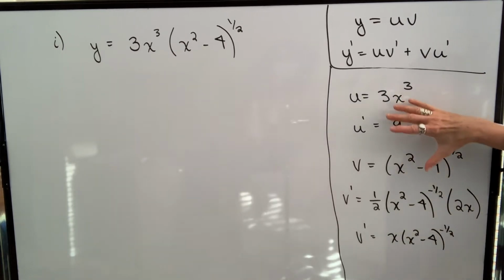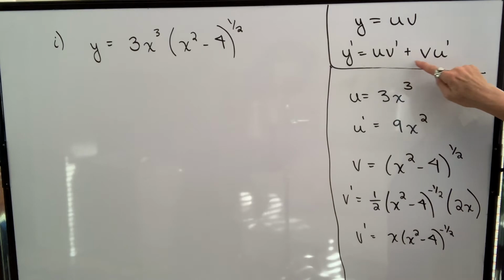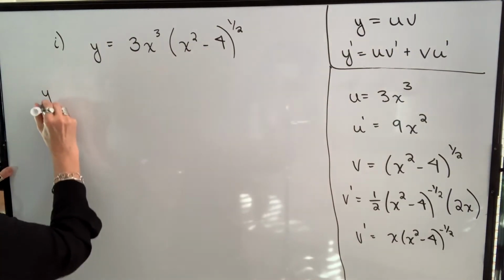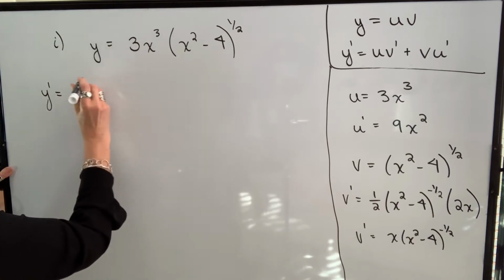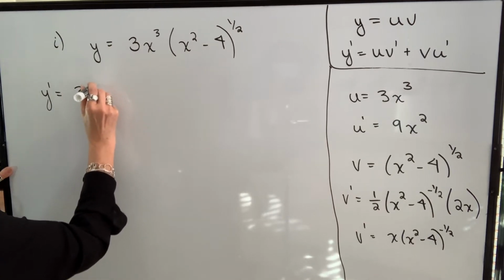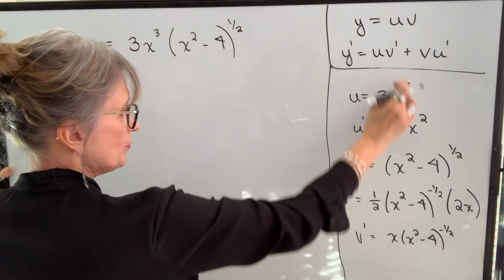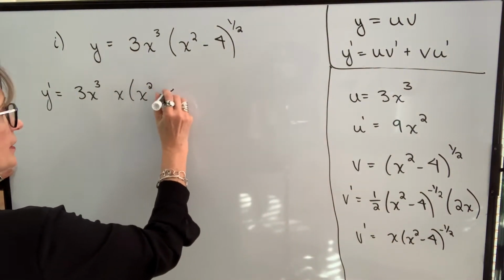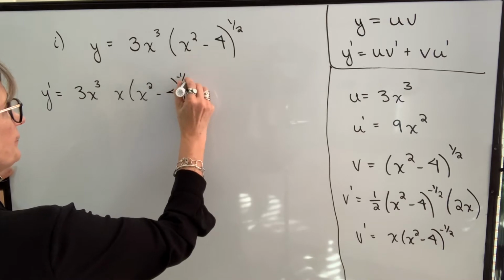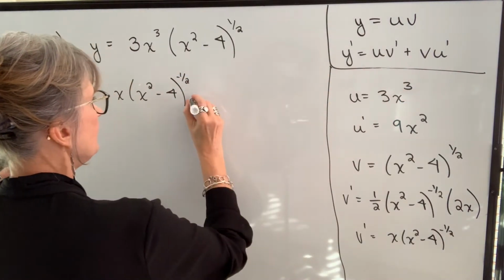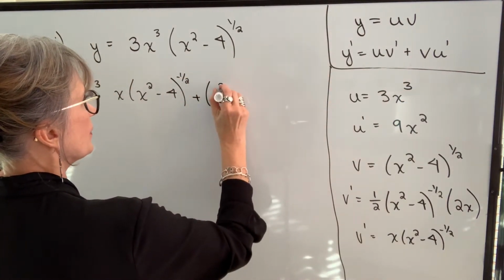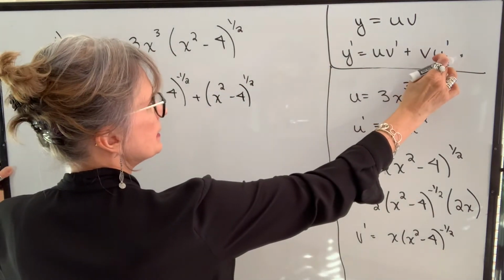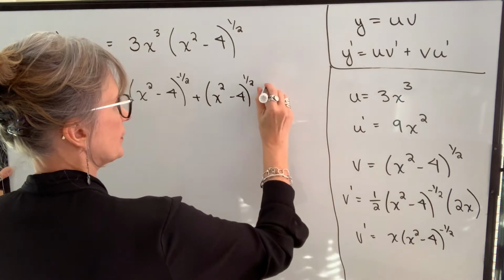We plug these into our formula. So the derivative will equal u, which is 3x cubed, times v prime, which is x, times x squared minus 4 to the negative 1/2, plus v, which is x squared minus 4 to the 1/2, times u prime, which is 9x squared.